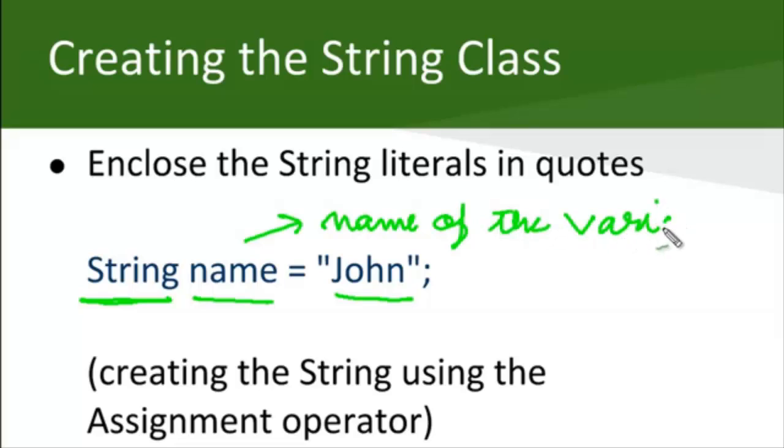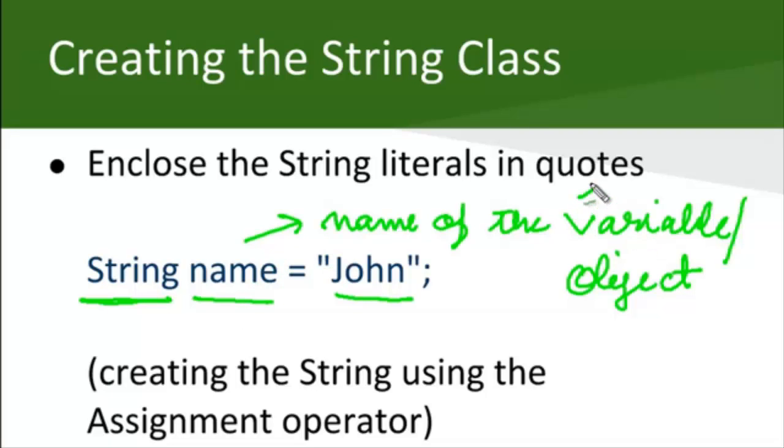Notice here that this is the name of the variable or the object that will store the string. So basically a reference variable or an object that will store the string. I have taken the name of the reference variable as name itself because I am storing a name, John, in it. So String name is equal to John.